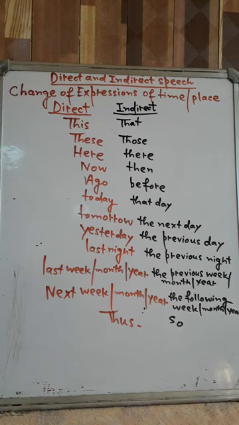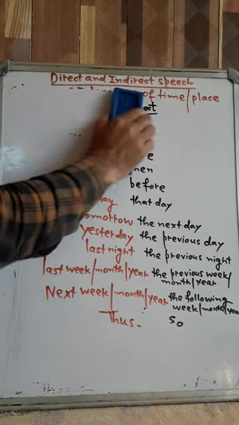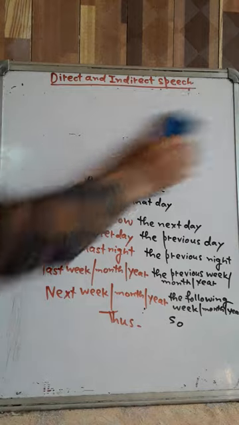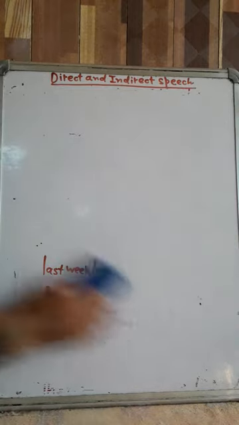Third, change a pronoun, or change a person. Fourth, change of tense or verb. And last, change of expressions of time and place. They are the general rules. Now let's take up how we change assertive sentences from direct speech to indirect speech.